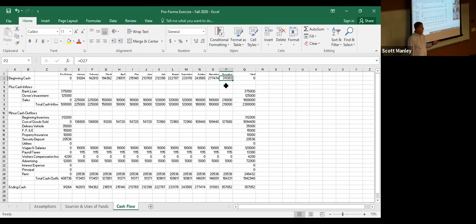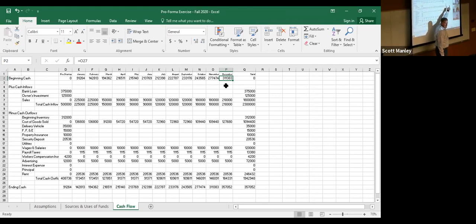Don't everybody jump in at once. This is another gotcha. Some of you tried to say that it's equal to P27, and it's not. Some of you said, well, he told me in this column I'm going to total everything up to the left of it, and you put in Q2 a formula that said take the sum of cell D2 all the way through cell P2.